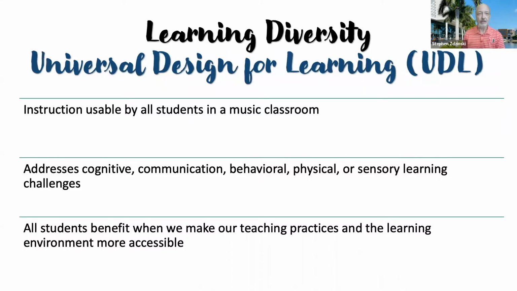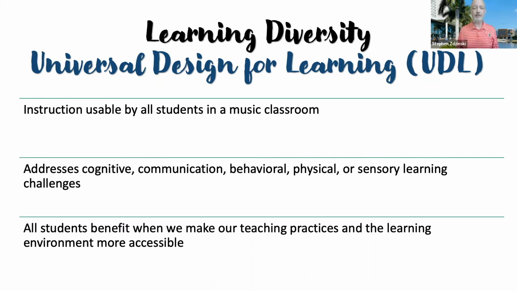So universal design for learning principles and learning diversity is the other part of this combination that we're looking at. Just like CRT tries to include the strengths of all students, designing instruction for a universal learning approach provides usable instruction for everyone.